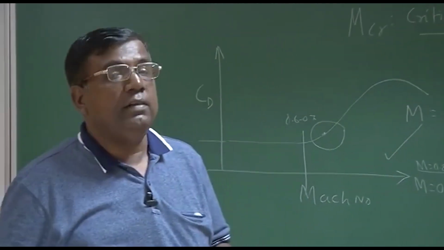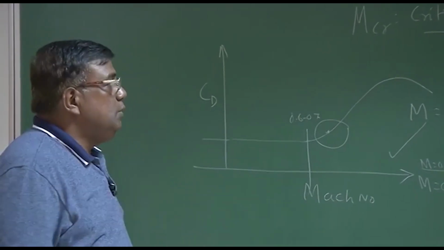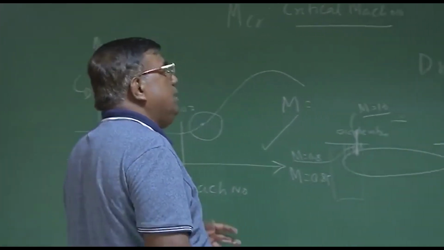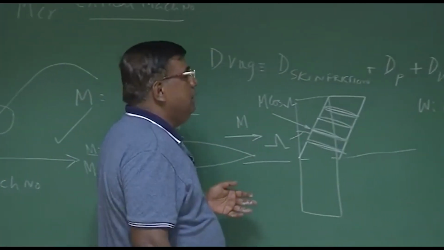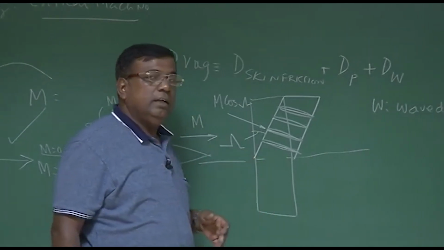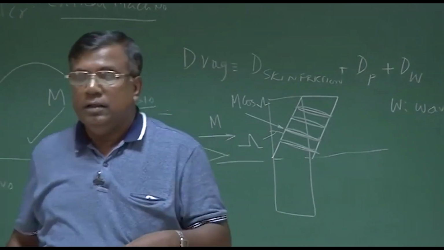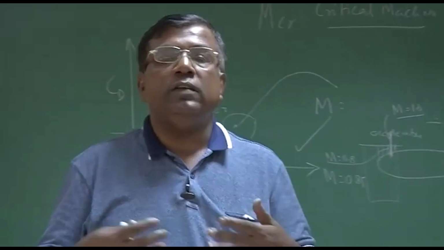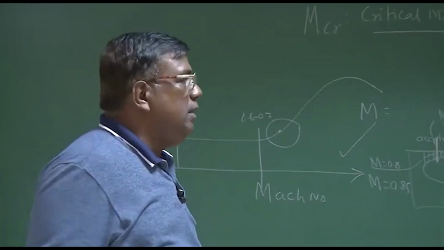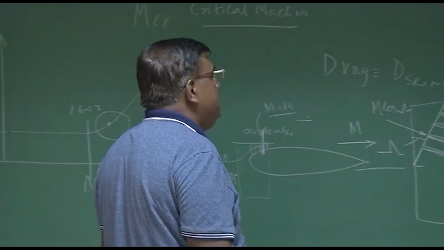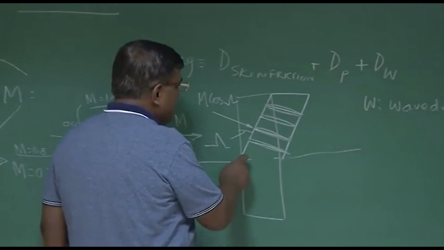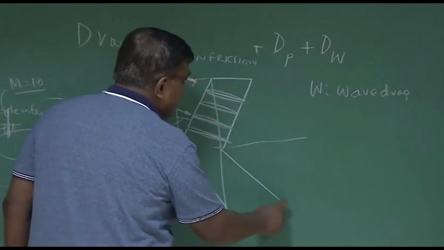Okay? So that is the penalty you give. However, through analysis you could see the total drag reduction is relatively more compared to the loss in the lift. But there is an optimal angle you have to operate, or design should take care of all such issues in detail.